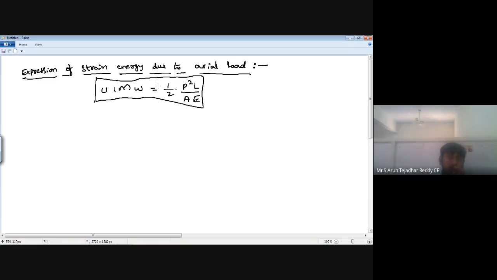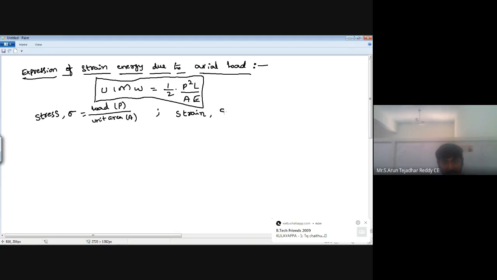Before going to start the derivation, first of all, you should know what the stress value is. Stress is indicated by this symbol, that is load, which we can indicate as P, per unit area, that is A. Next, strain.